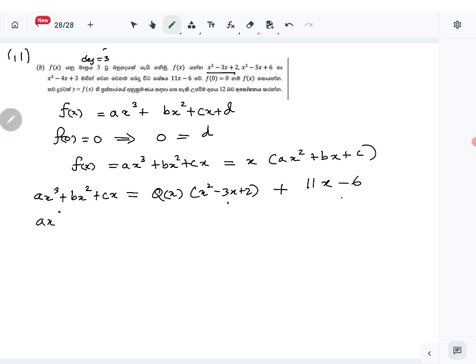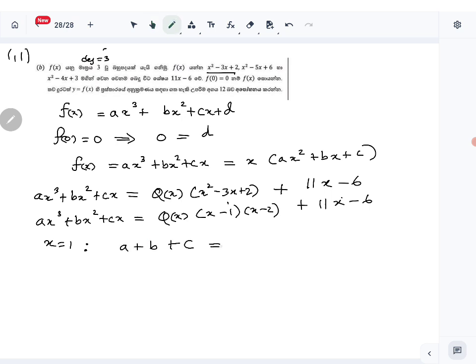We need 3 equations because we have 3 unknowns. This divisor can be factored, x minus 1 and x minus 2. So substitute x equals 1 and get one equation, and substitute x equals 2 and get another. When x equals 1, this becomes 0, and you have a plus b plus c equals 5.